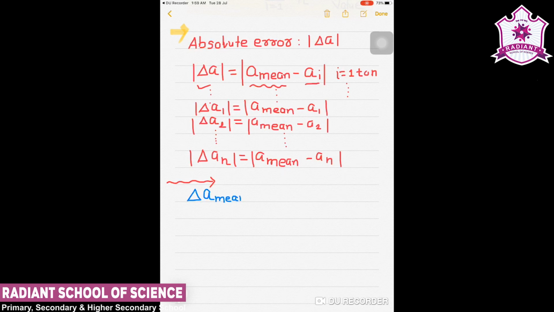So it is clear what will be this delta a mean. So this delta a mean will be, very clearly I can say, mod of delta a1 plus mod of delta a2 plus up to plus mod of delta an, and upon the total number of measurements, that is n.